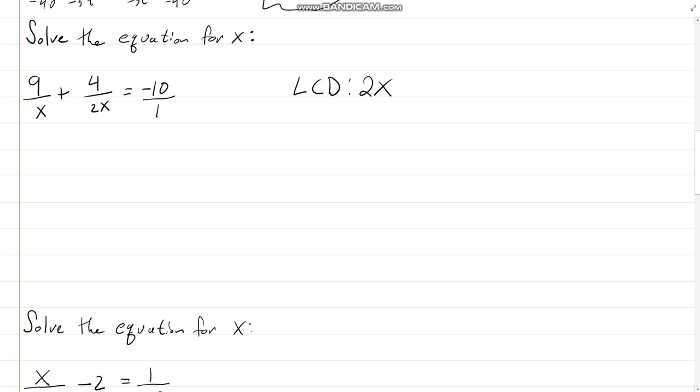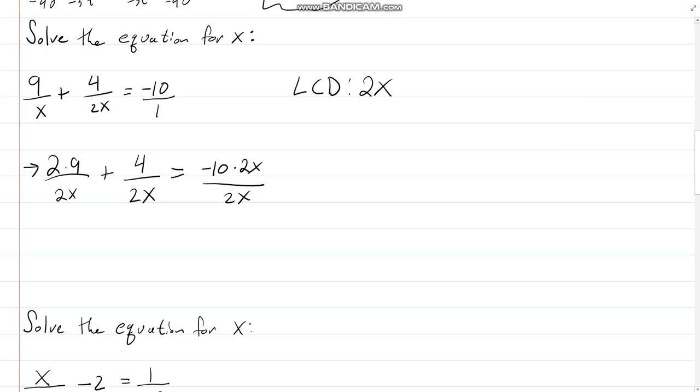It just needs a 2. So I need to go 2 times 9 becomes 2x. And what does this 2x need to become the LCD? It doesn't need anything because it has everything already. Now this 1 needs the 2x, so we have negative 10 times 2x over 2x.